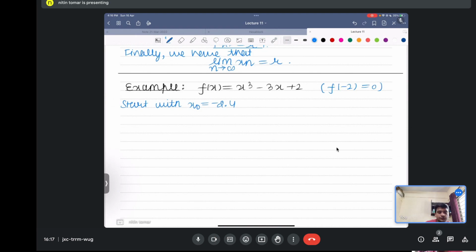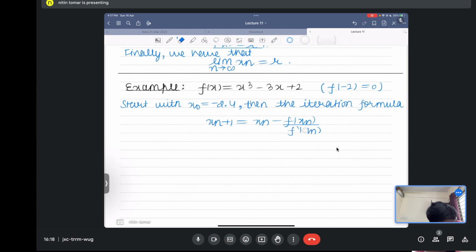So if we start sufficiently close to minus 2, let's say minus 2.4, then if you apply the iteration formula, xn plus 1 equals xn minus f of xn by f prime xn, you will find that it is actually 2xn cube minus 1 by 3 times xn square minus 1.